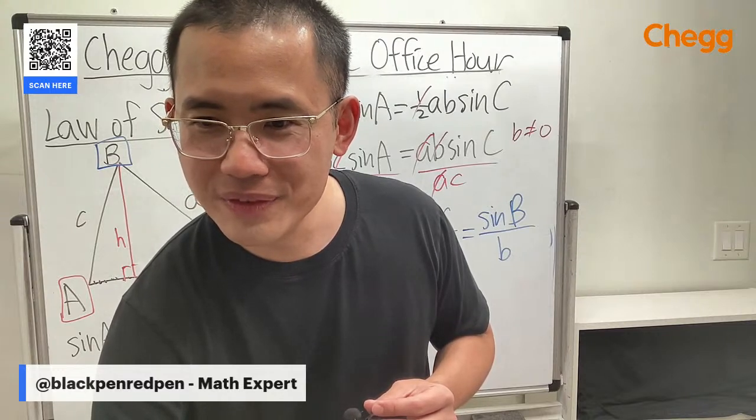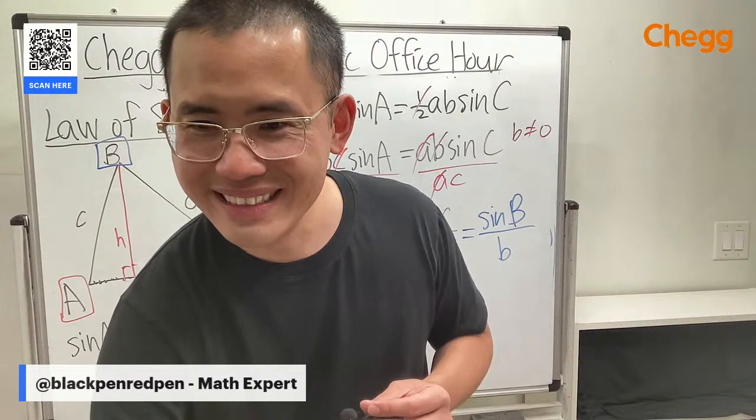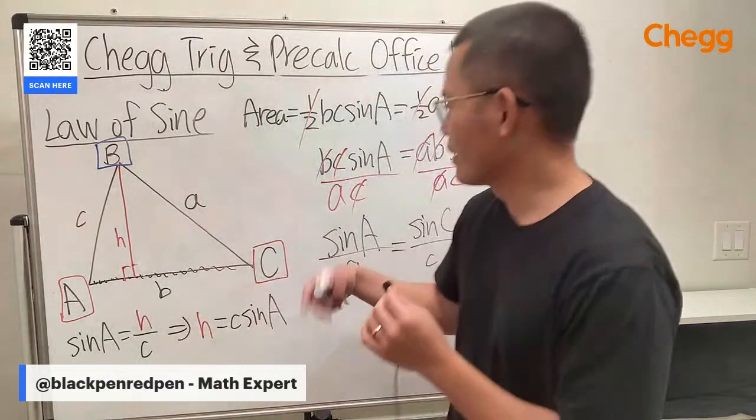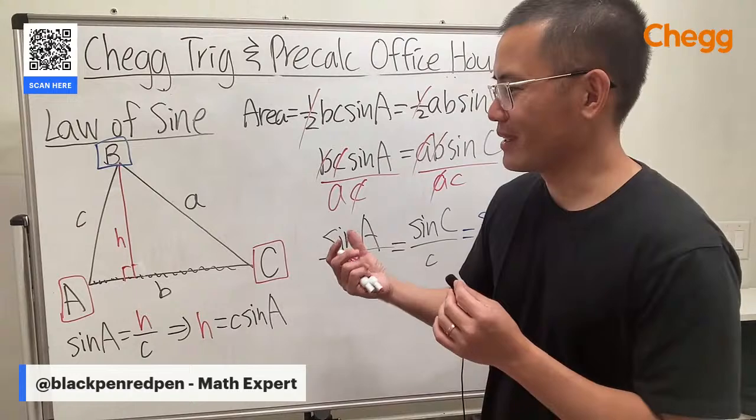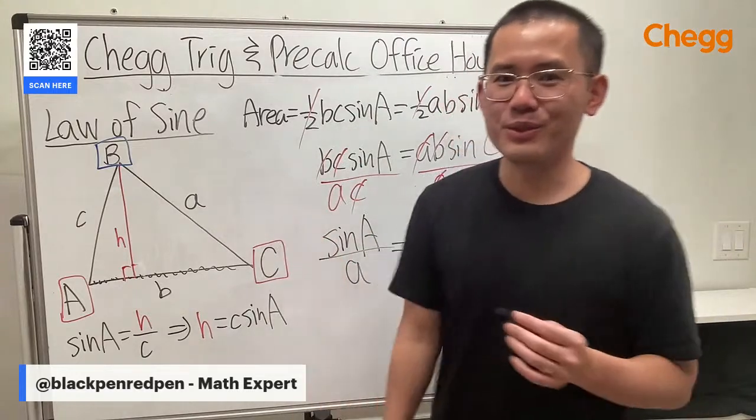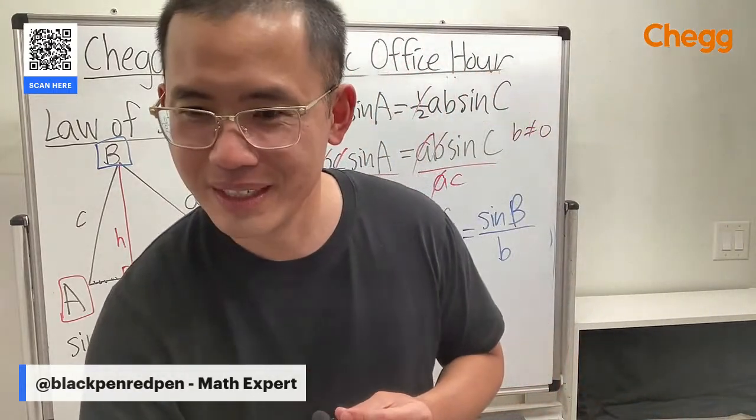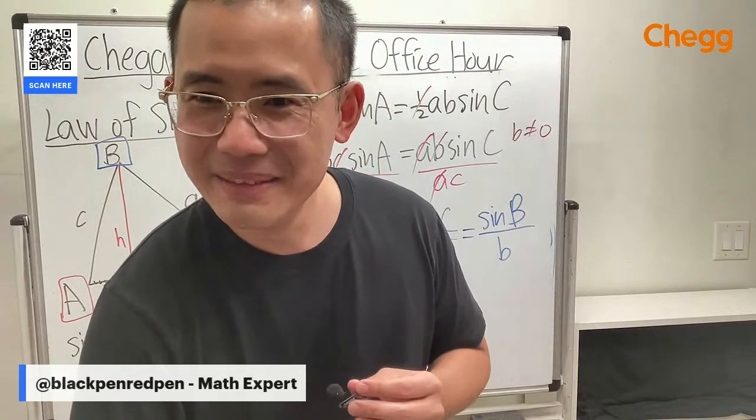Law of sine is really useful for area, yes. Well, actually, maybe the other way around. Area is useful to prove the law of sine, and then the area argument is awesome. You can prove a lot of stuff with the area argument. I will maybe phrase it like that.